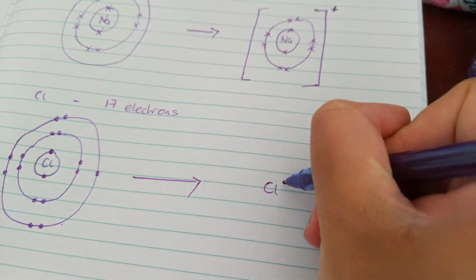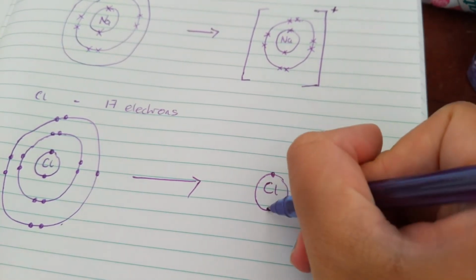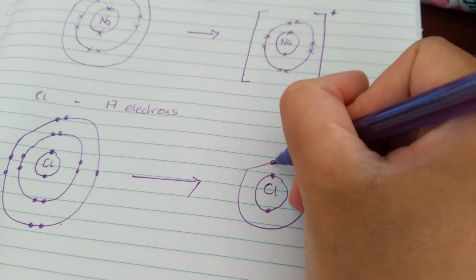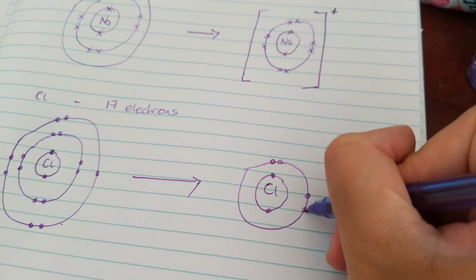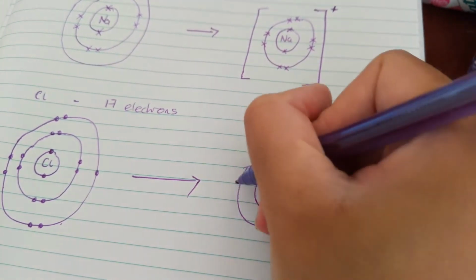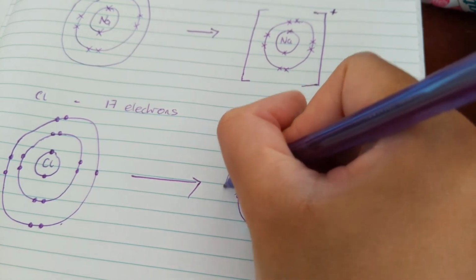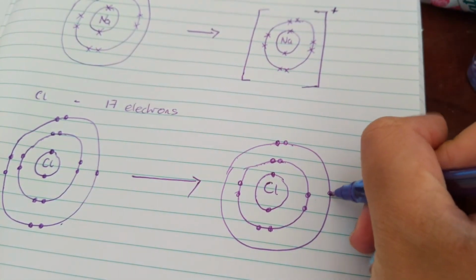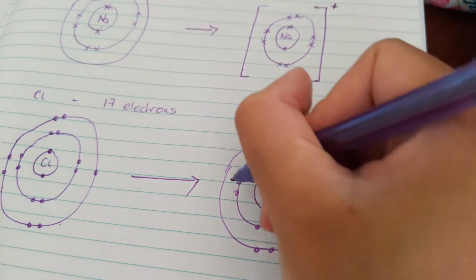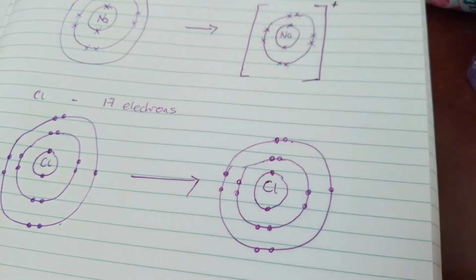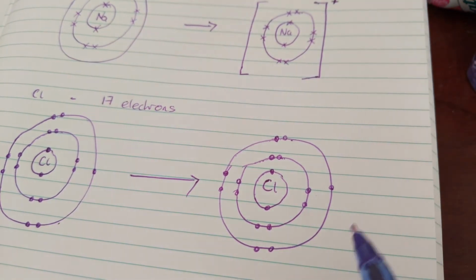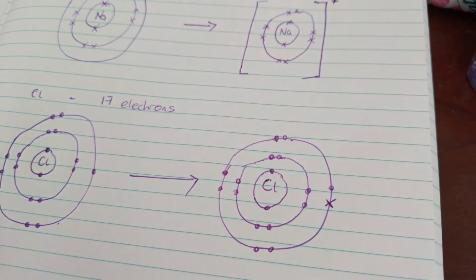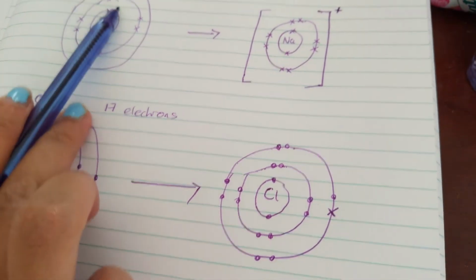So chlorine, so 1, 2, okay, 3, 4, 5, 6, 7, 8, 9, 10. Third shell, 11, 12, 13, 14, 15, 16, 17. Okay, and then that final electron, I'm going to draw it as a cross because that final electron will actually have come from up here, from sodium.